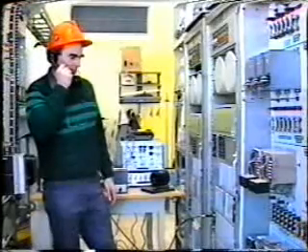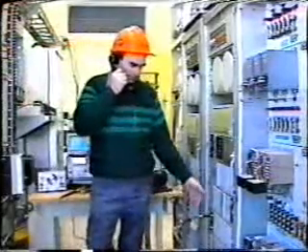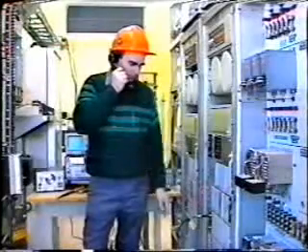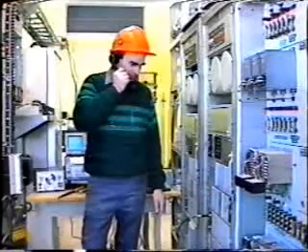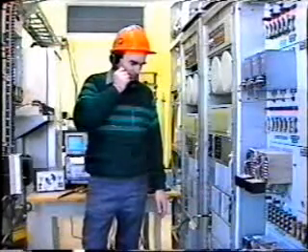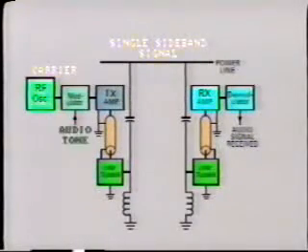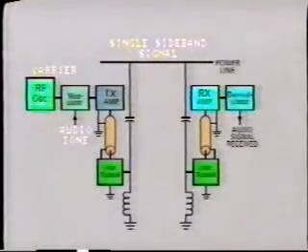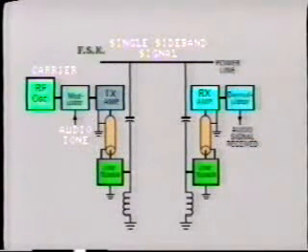You'll find many power line carrier installations using single sideband or SSB transmission, providing audio communications in addition to protective relaying. For protective relaying, audio tones are superimposed on the carrier signal to provide FSK signaling.